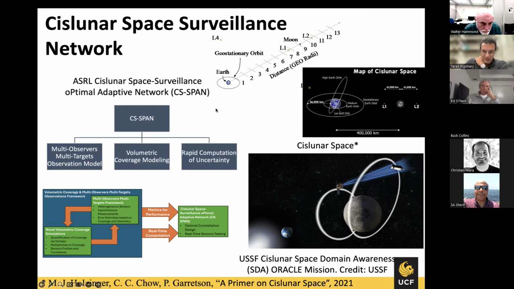In response to that, the Space Force and Air Force have proposed several missions. One of them is called Oracle, to do space domain awareness in cislunar space. It's a space-based solution because, due to the distances and the vast volume that requires coverage, Earth-based observers or ground stations will not be able to give you the coverage you need.